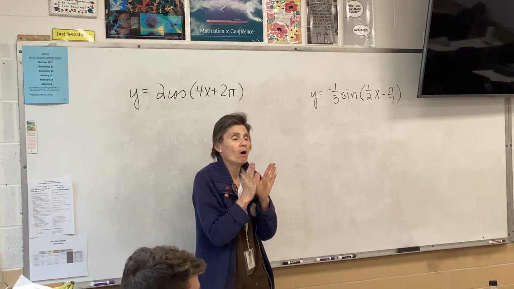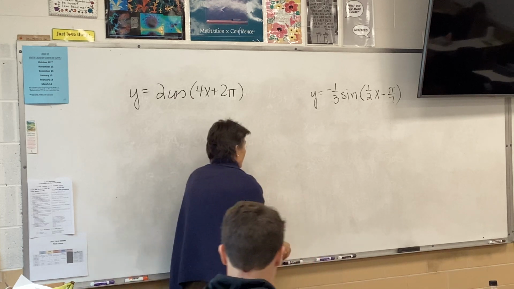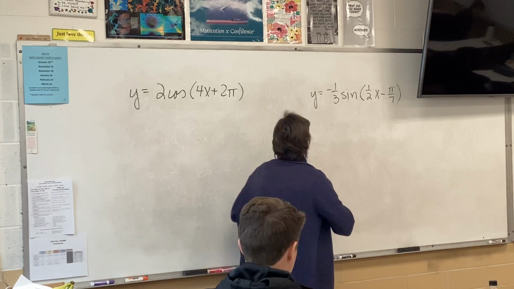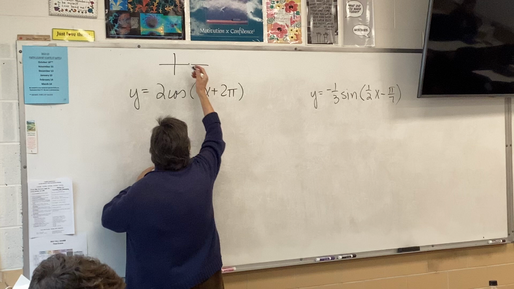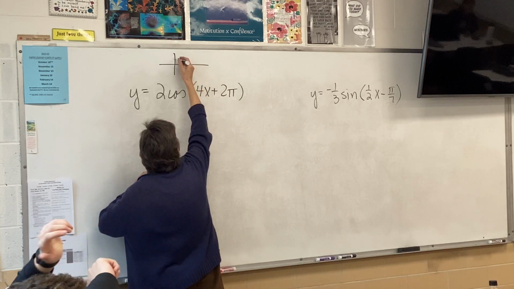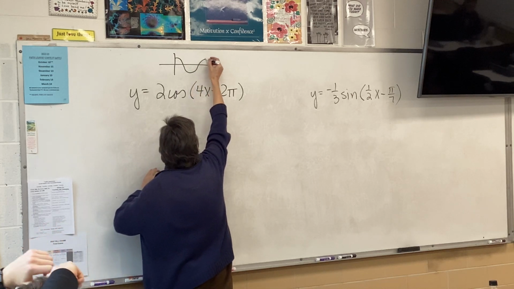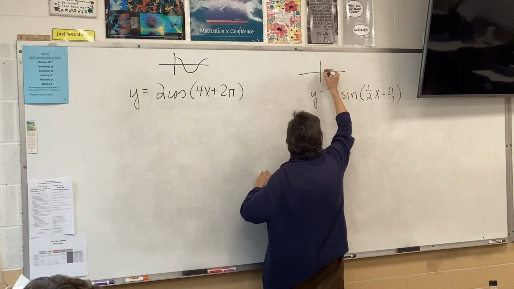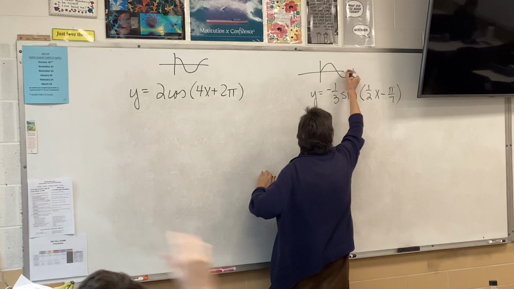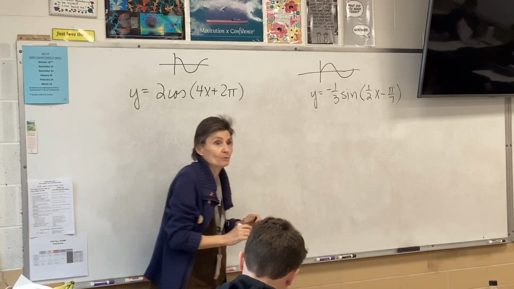So on the last time we were together, we talked about the regular cosine and sine function and how they can be changed in terms of period and amplitude, right?